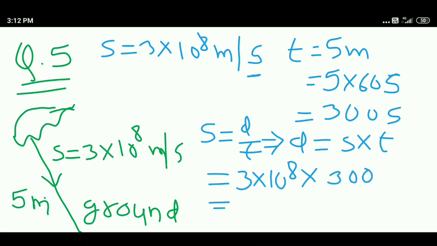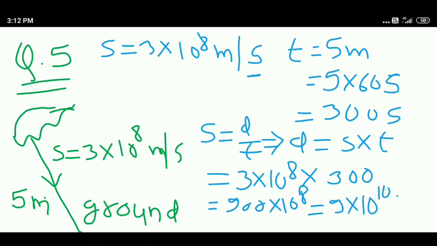Now the answer will be 900 into 10 to the power 8, or I can write 9 into 10 to the power 10 meter only.